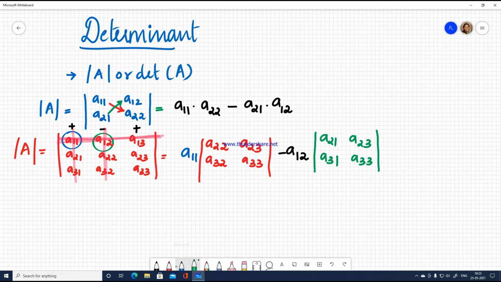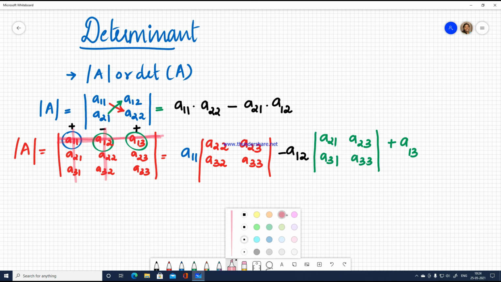The next element will be plus A13. I'll consider this element now, A13. I will cover the column containing A13 and the row containing A13, so I get a submatrix. That submatrix is called the minor of A13.